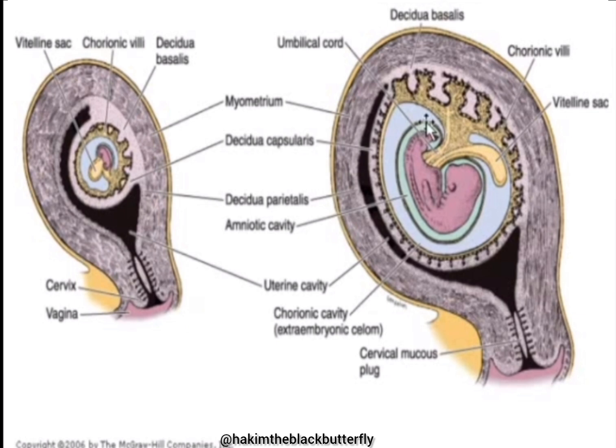In the third week, the bilaminar germ disc is going to convert into a trilaminar germ disc, and each of those three layers is going to give us cells. However, the yolk sac is the one which gives rise to the oogonia and spermatogonia. So the spermatogonia and oogonia come from the yolk sac and they migrate to the developing gonads. And we shall look at that when looking at that embryology.